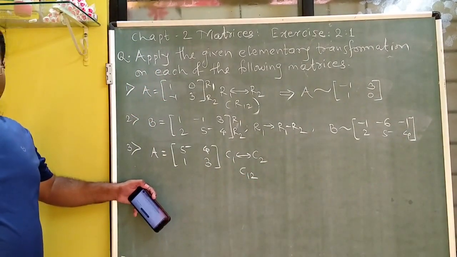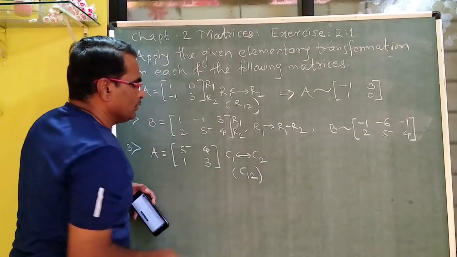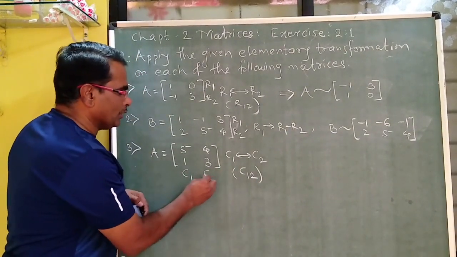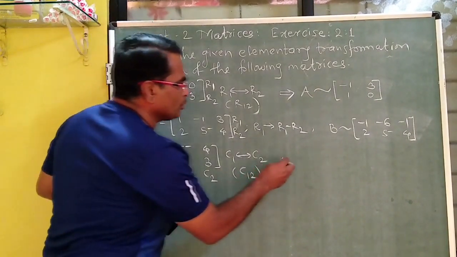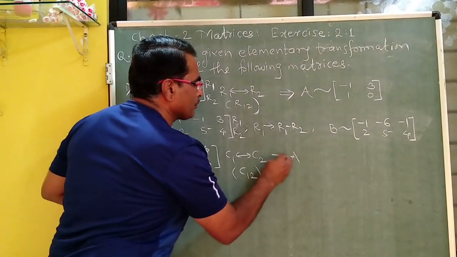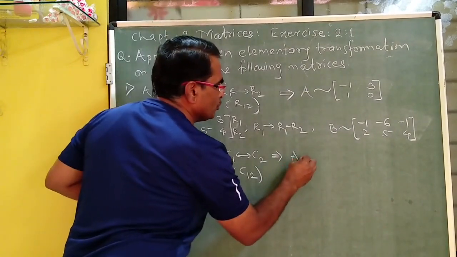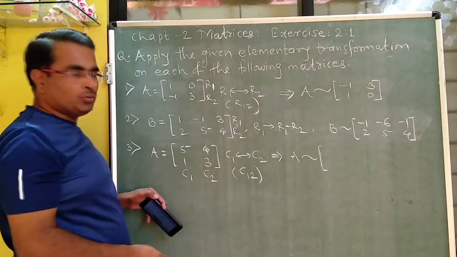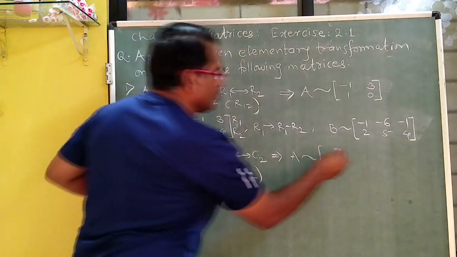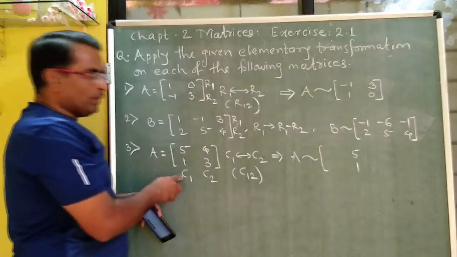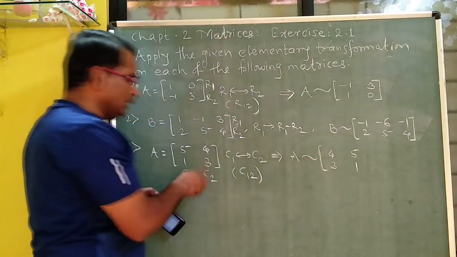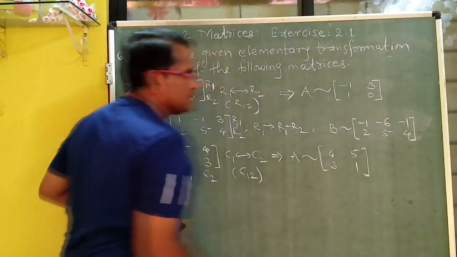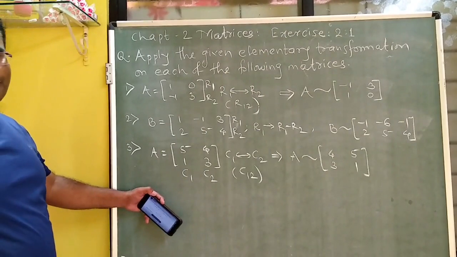So if you consider this operation, this is your first column, this is your second column, we want to interchange them. So due to that, your matrix A now changes to, so A is equivalent to the first column coming as the second column, that is first column 5 1 as the second column, and the second column 4 3 coming as the first column.